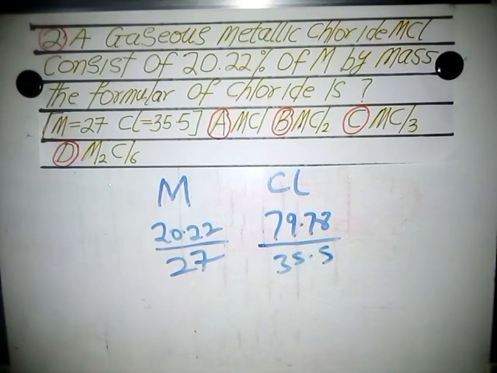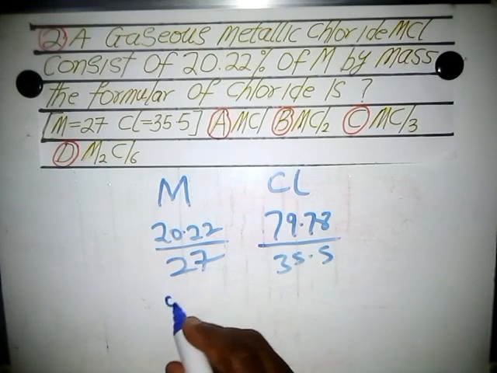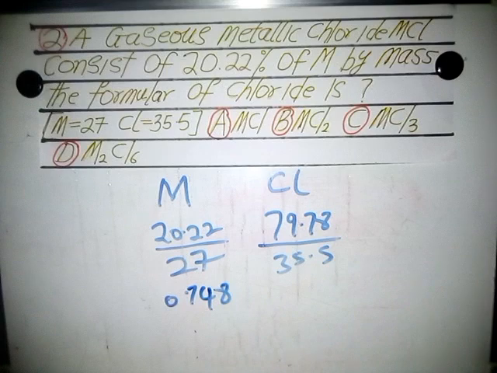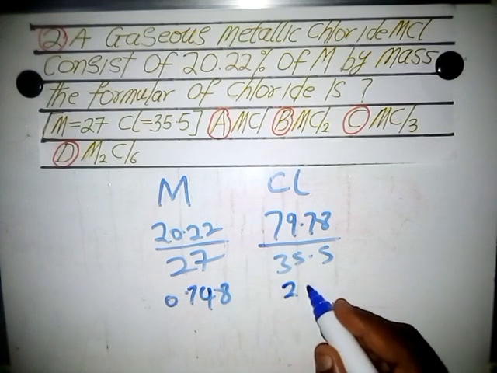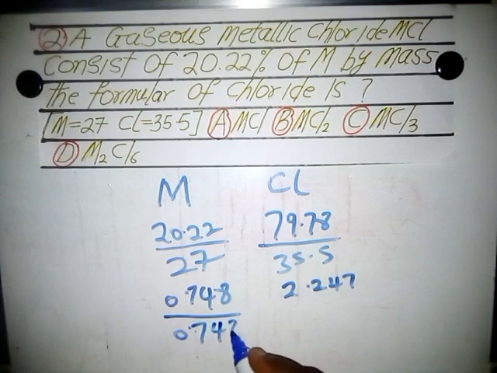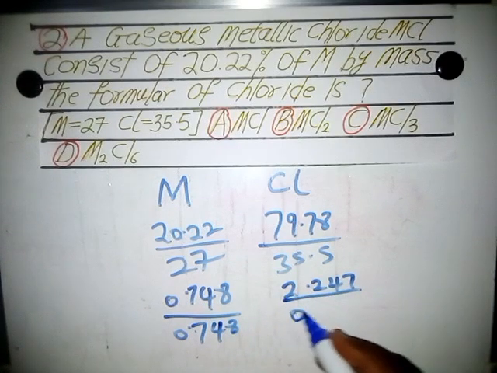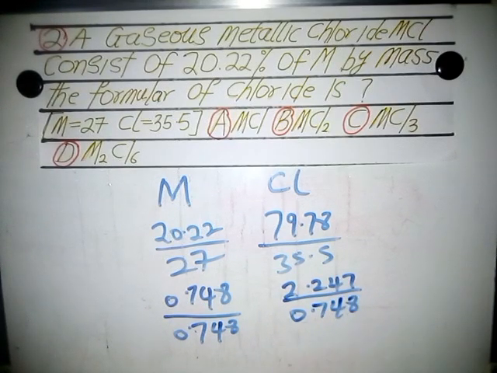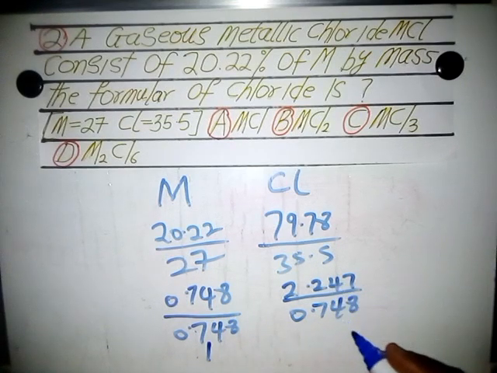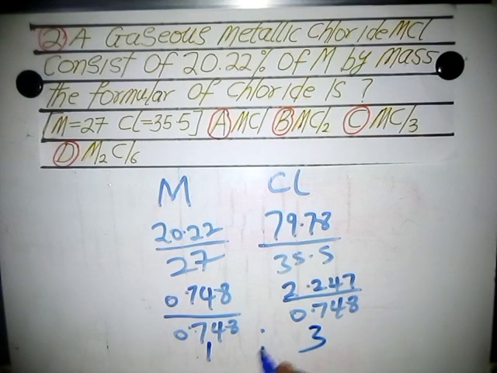When you divide, you should get 0.748, while this one will be 2.247. Then from here you divide by the smallest. This is the smallest, 0.748 divided by 0.748. When you do that, this is 1, this one is 3.